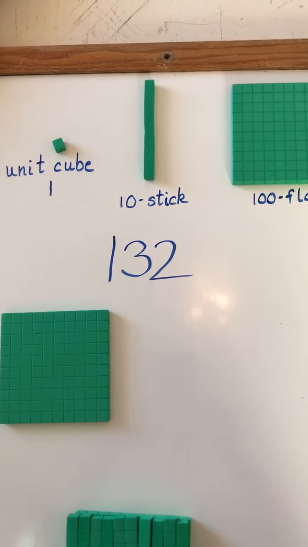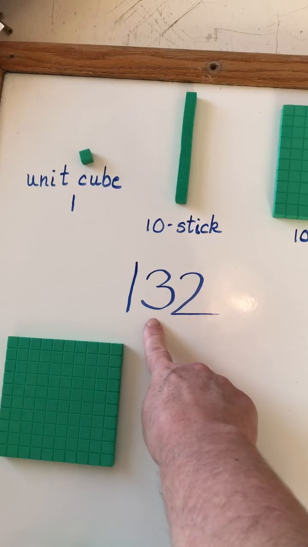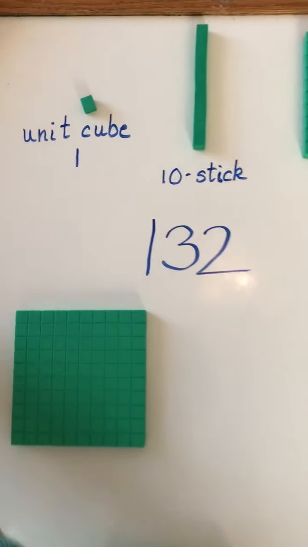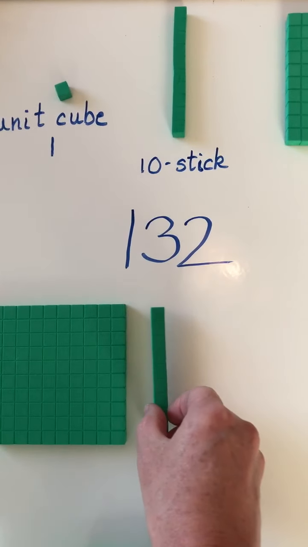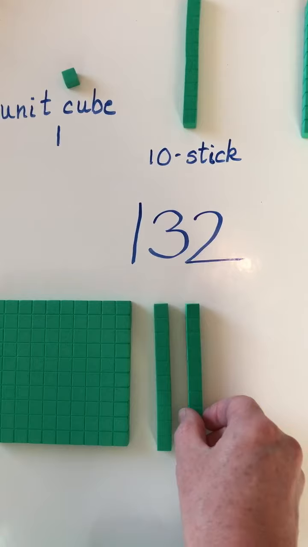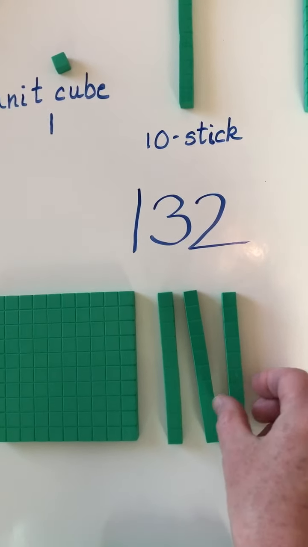All right, what would I do next? 130. What could I use to represent 30? You're right, I could use 10 sticks. Let's count. 110, 120, 130.